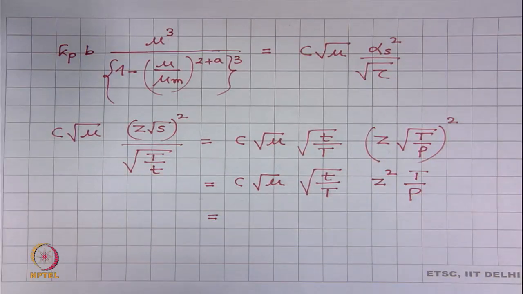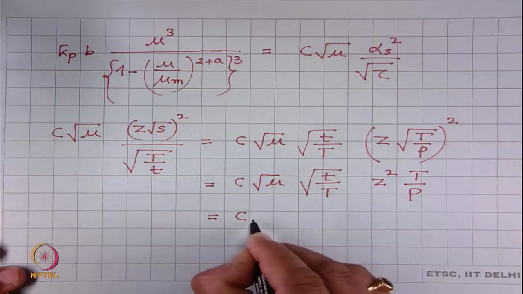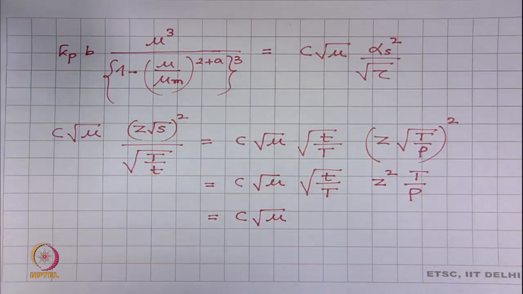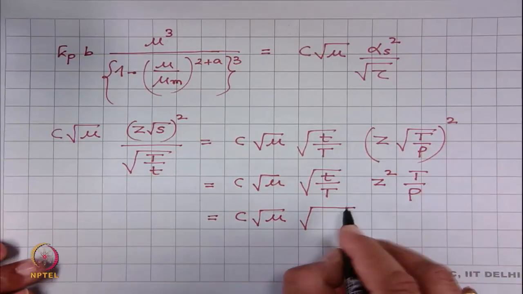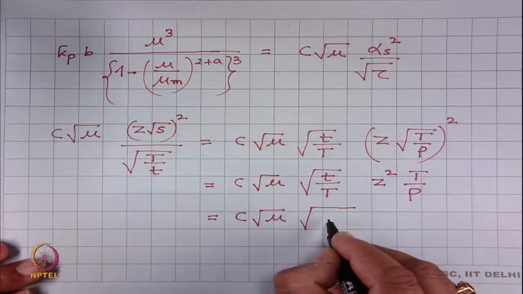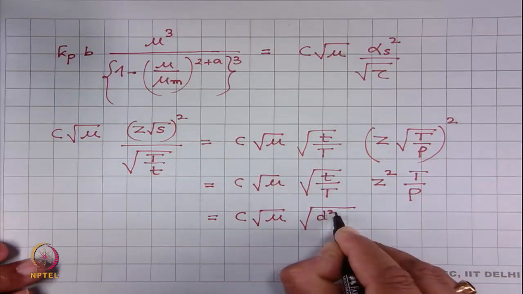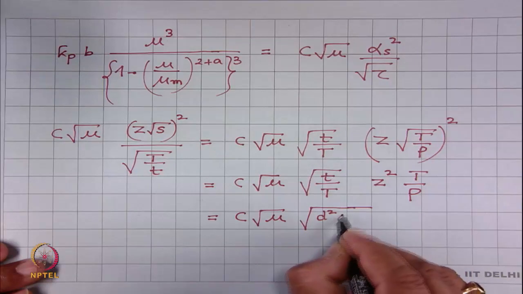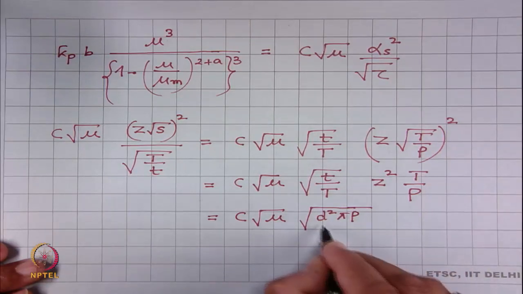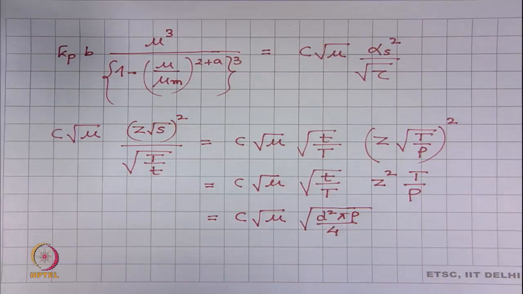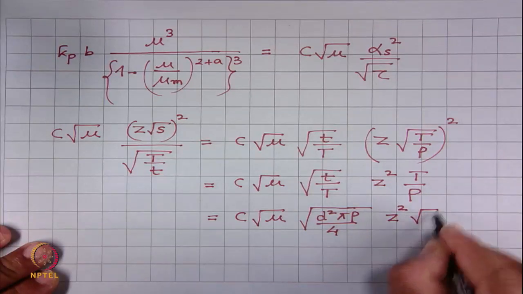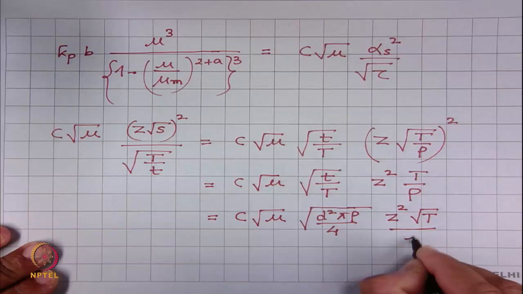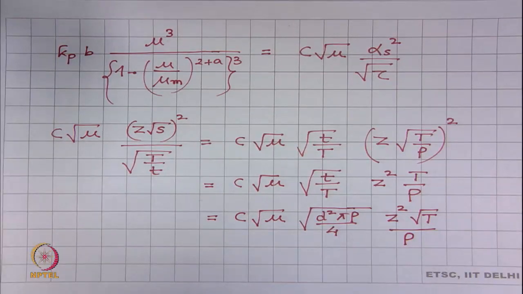So, what we see is that C root over mu, small t is fiber fineness. Now, that is equal to d squared pi rho by 4, that is your fiber fineness, and z square root t by rho.